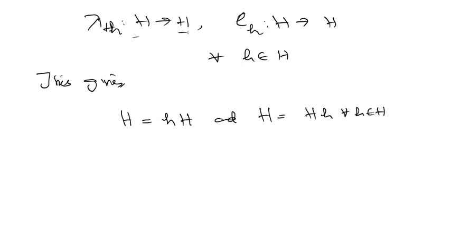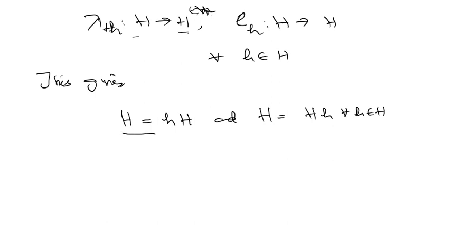You choose x here, so that x must be the image of a certain element under this lambda h, so there should exist y. You use this here.